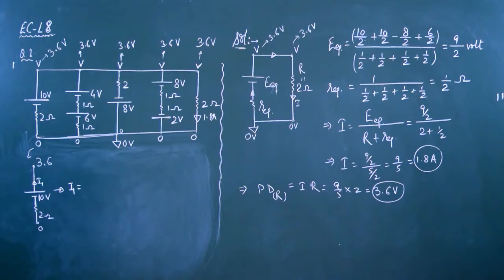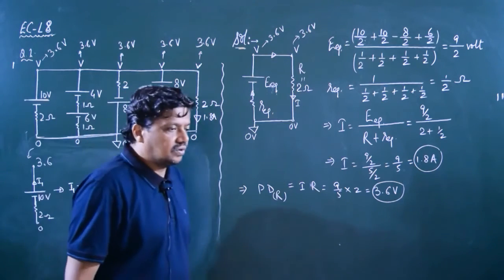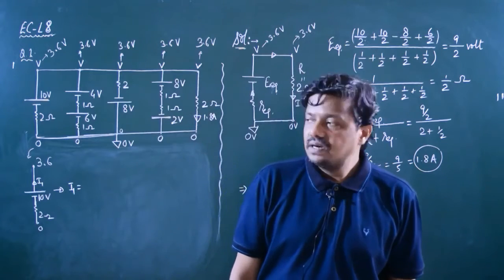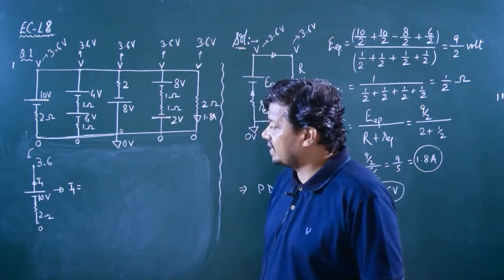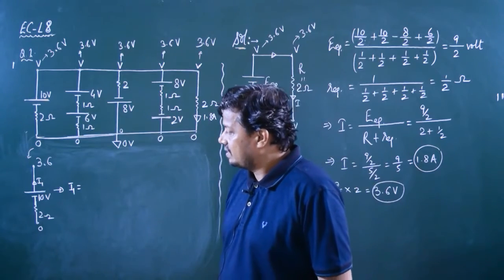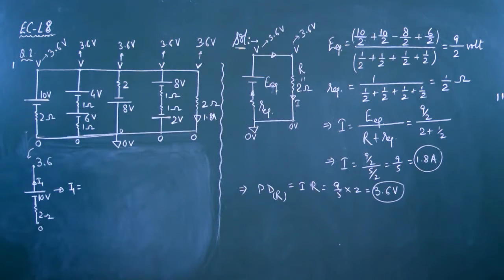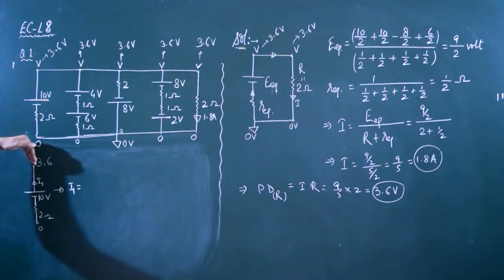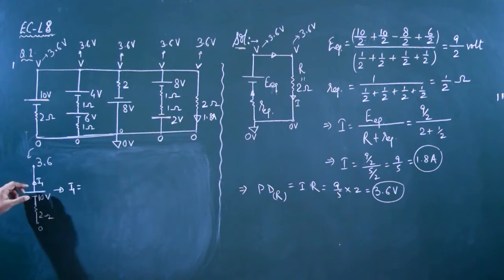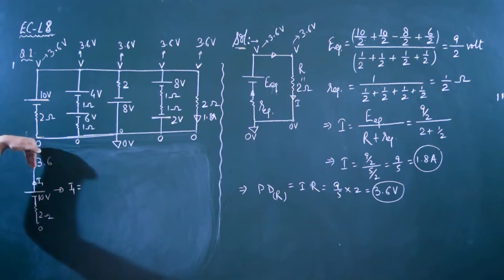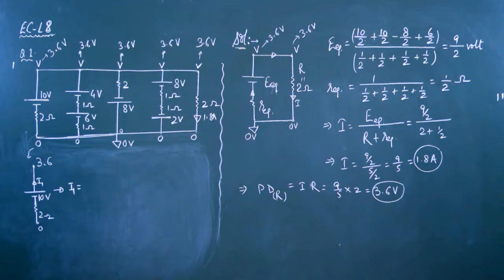Although we have to go through the Kirchhoff's laws and their sign convention is necessary for this question, logically we solve it this way. Now you will understand. 3.6 volt here and 0 volt here. In absence of the 10 volt source, this source would be throwing the current in what direction? Downward direction.